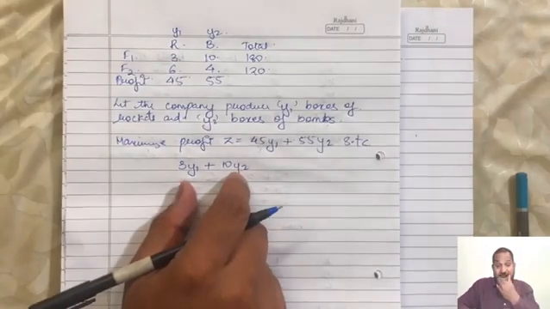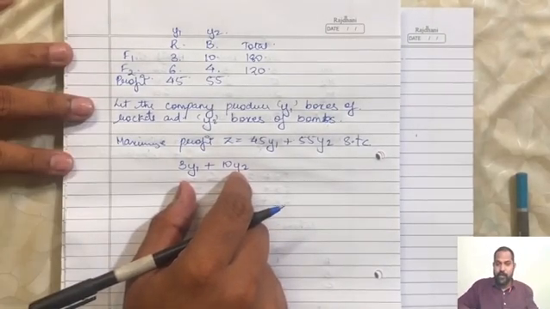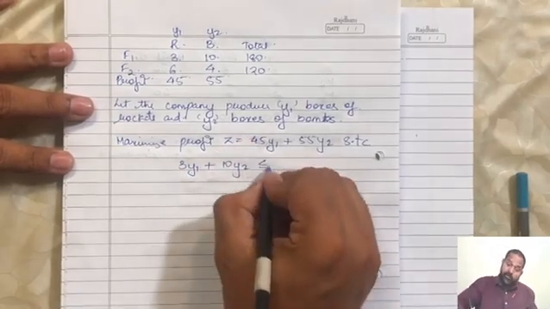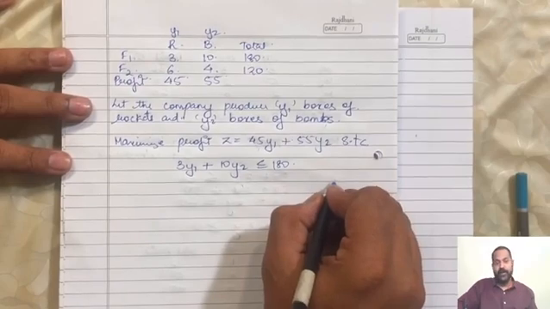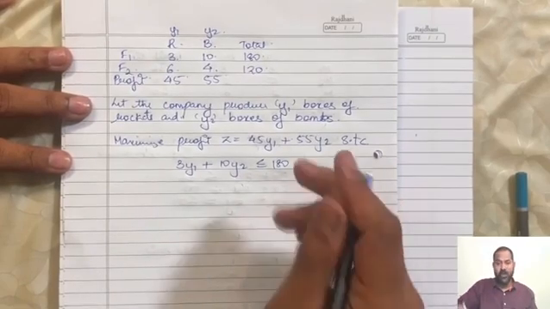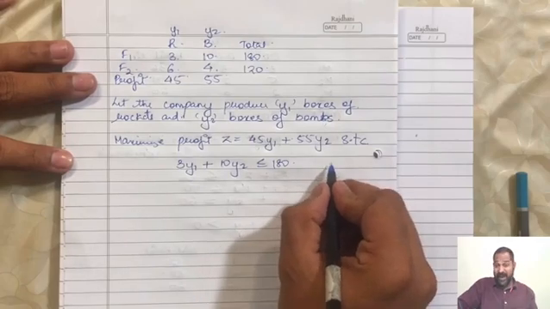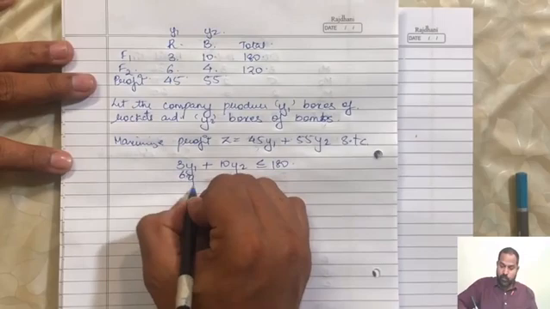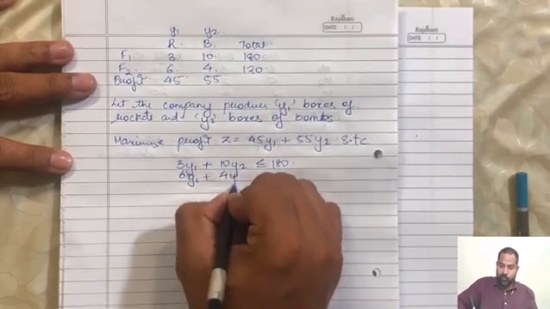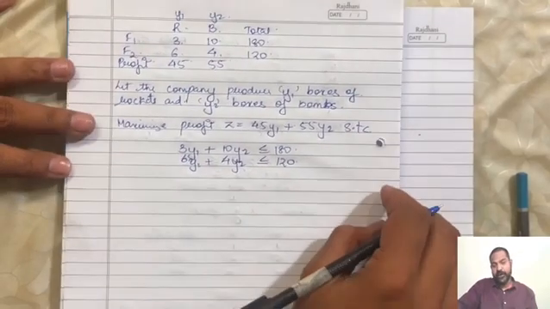This is the total time I require on factory 1 to make Y1 and Y2. This total should always be less than or equal to 180 because I don't have more than 180 hours. So write down factory F1 time constraint. This will be 6Y1 plus 4Y2 less than or equal to 120, the factory 2 constraint.